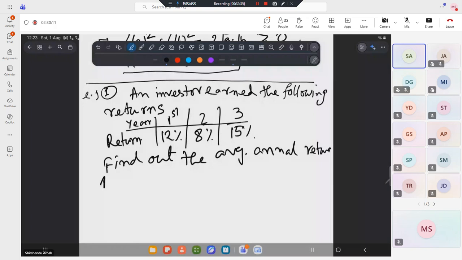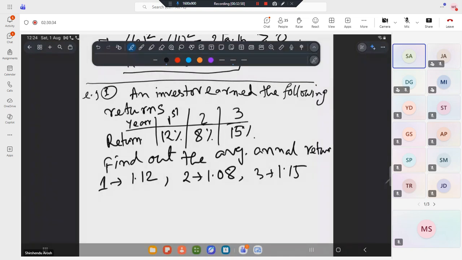Since it is a 12% increase, I can take 1.12, where one is the initial number. The second year it is 1.08, and the third year it should be 1.15. Of course, if you get a negative number, say minus 5%, it will be 0.95.